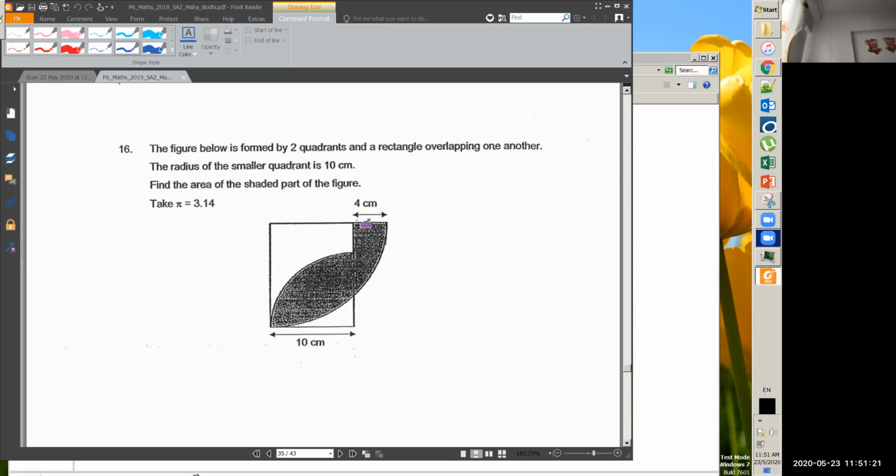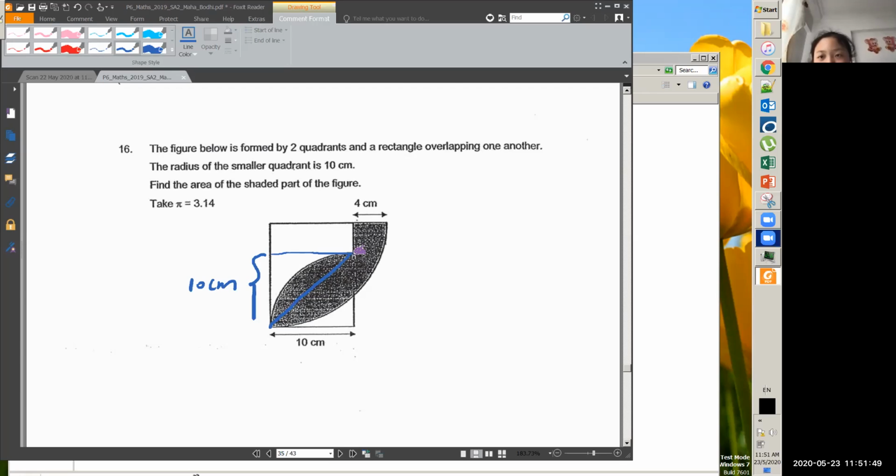So you have this. Okay. So can you see that this is also 10 cm? Yes. So this is 10 cm. So then, can you draw a line here? Okay.